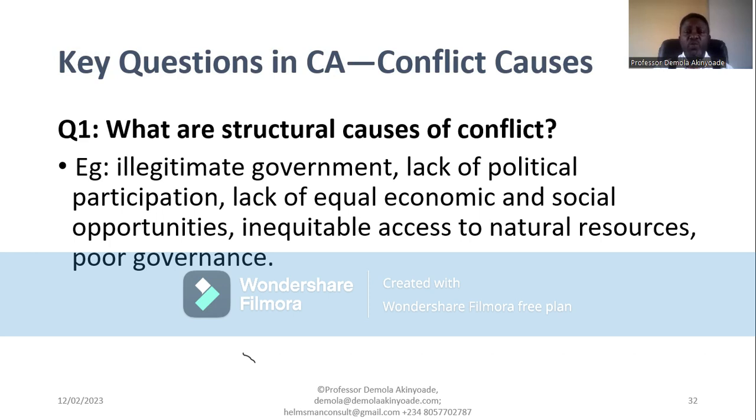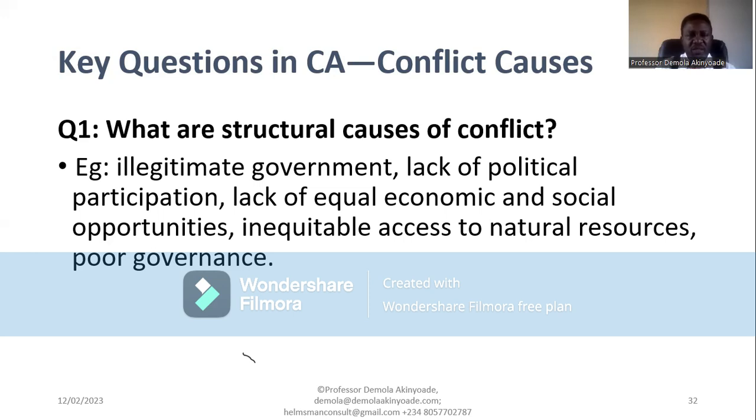There are places where election results are not contested. There are places where elections are not as bitterly contested as this place, as in Nigeria. What are the structural causes of these?